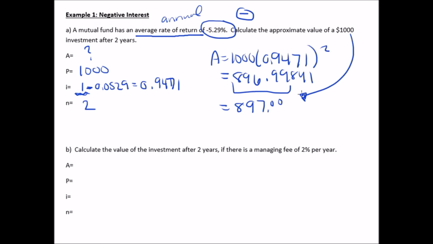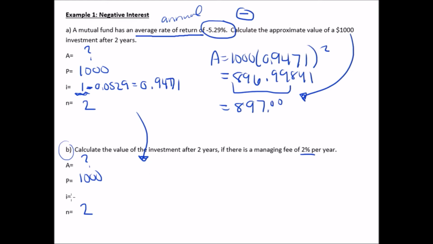Okay, now for B, calculate the value of an investment after 2 years if there's a managing fee of 2% per year. So for the amount, we're still putting in $1,000, so it's the same one.